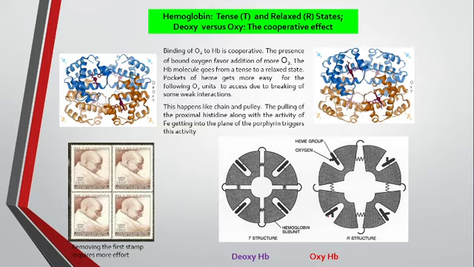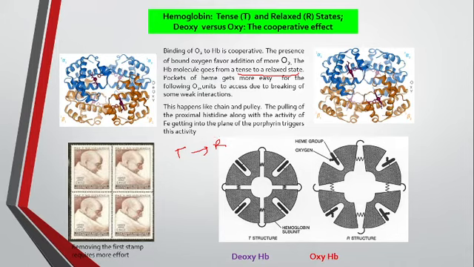The presence of bound oxygen favors the addition of more oxygen. The hemoglobin molecule always goes from tense to relaxed state. It cannot convert from relaxed to tense. It always converts from tense to relaxed state.